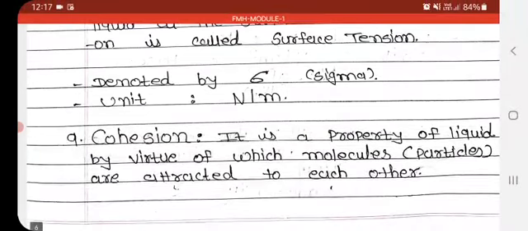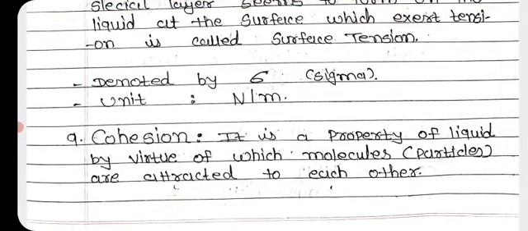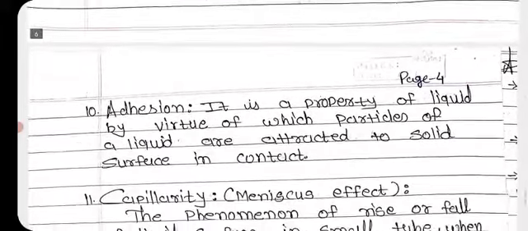Next definition, cohesion. Cohesion is a property of liquid by virtue of which molecules or particles are attracted to each other. In one sentence, cohesion is attraction between the fluid particles. On the other hand, adhesion.